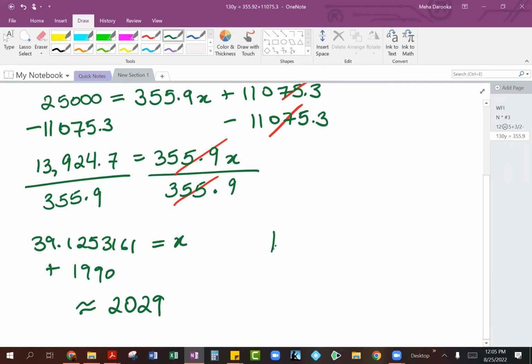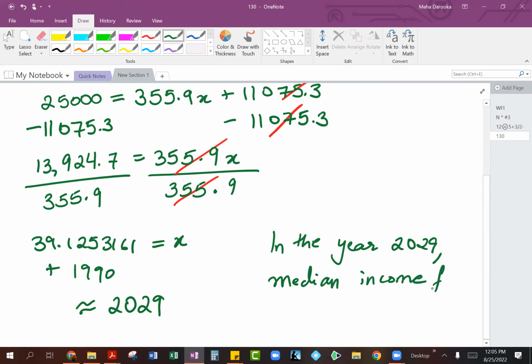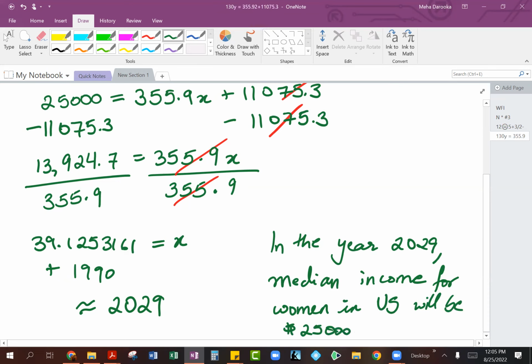So we're basically saying in the year 2029, median income for women, and we're talking about a median income over here.